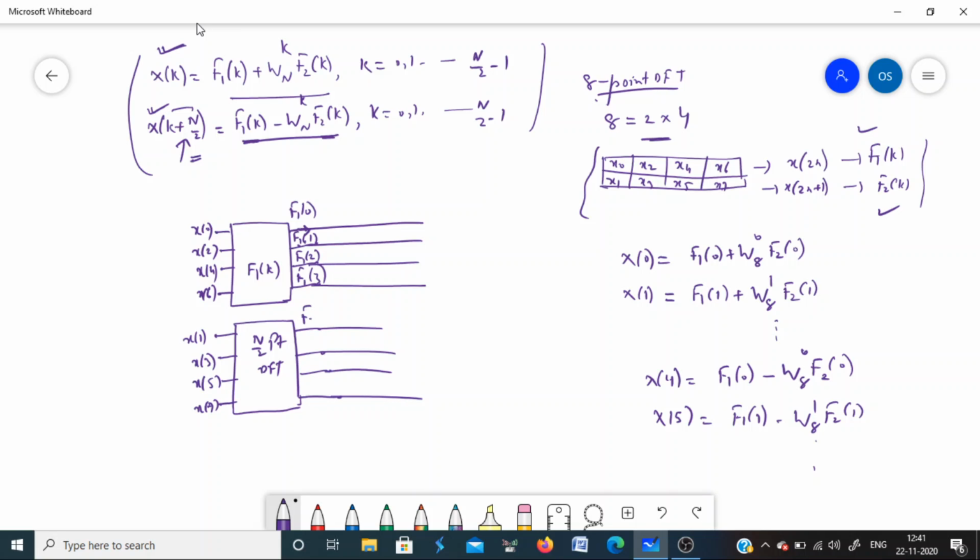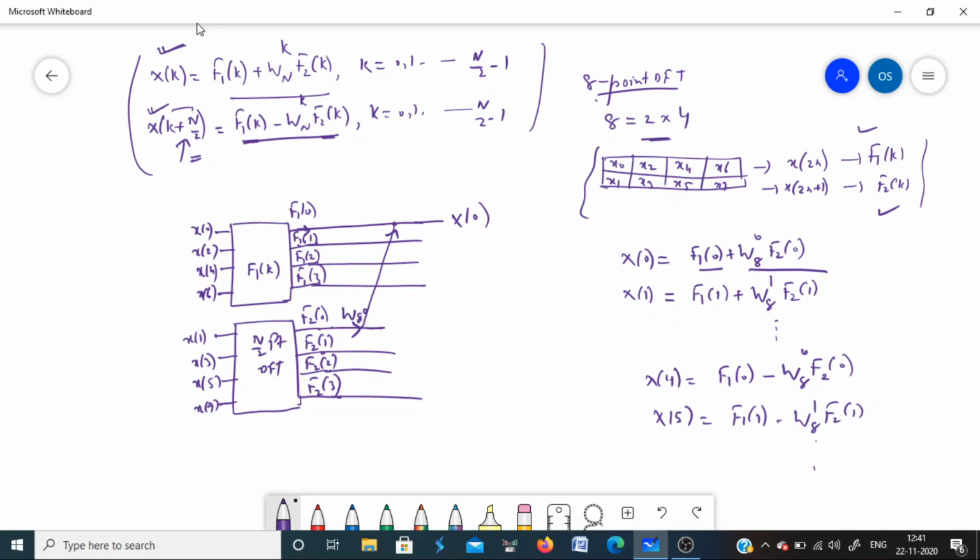Similarly, this is my F2[0], F2[1], F2[2] and F2[3]. So F1[0] plus W to the power 0 into F2[0], that is X[0]. So F2[0] is this. You have to multiply this with the phase factor, that is W to the power 0, of course it is 1 in this case, and then you have to add this with F1[0]. This you will get X[0].